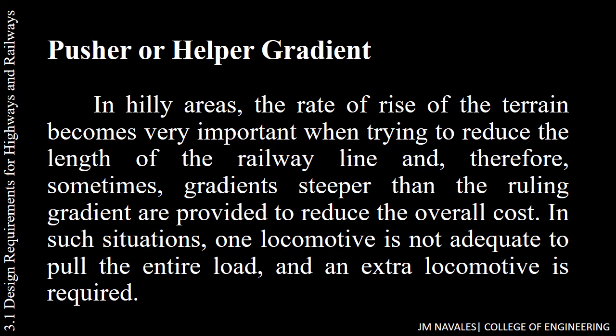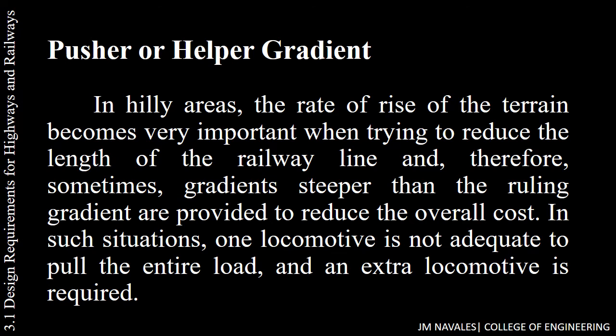For pusher or helper gradient, in hilly areas, the rate of rise of the terrain becomes very important when trying to reduce the length of the railway line, and therefore, sometimes gradients steeper than the ruling gradient are provided to reduce the overall cost.